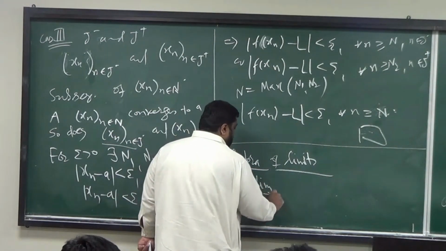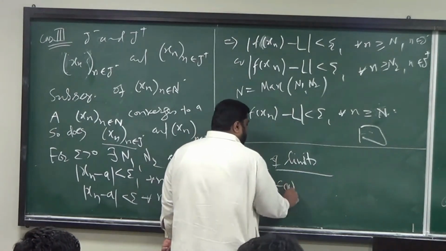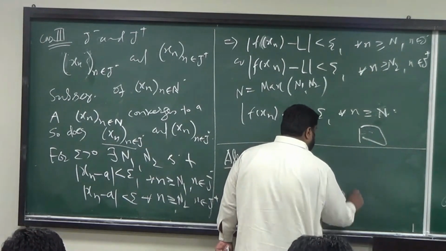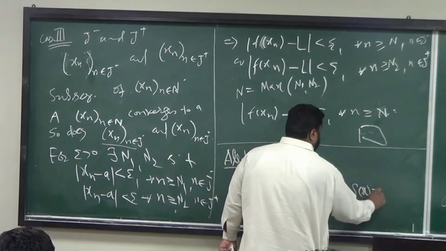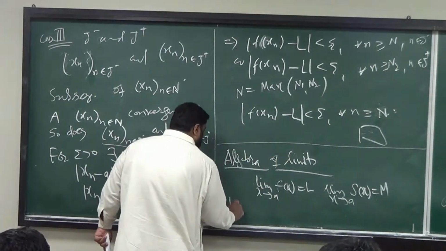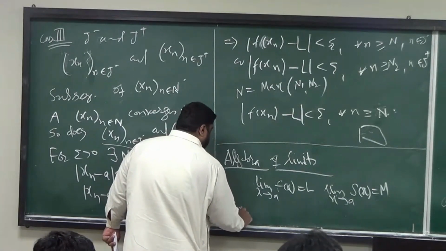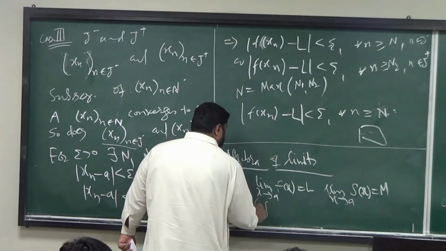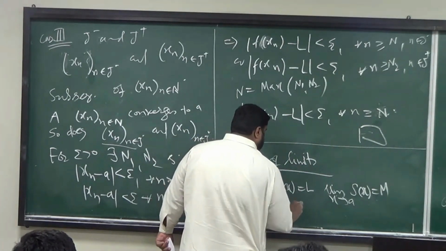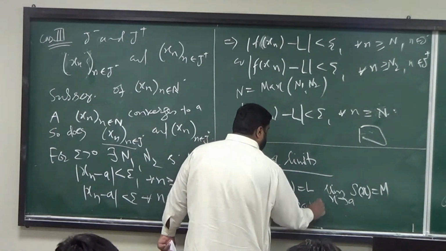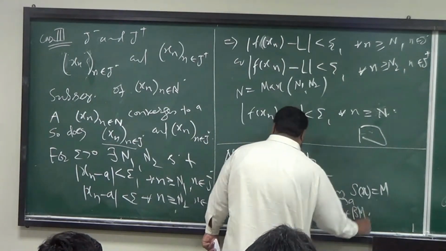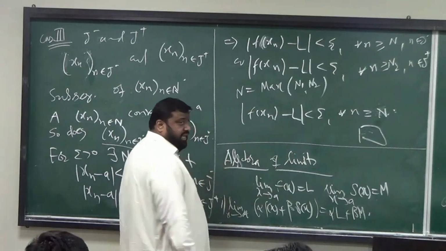If you have the limit as x approaches A of f(x) equal to L, and as x approaches A of g(x) equal to M, then the limit as x approaches A of alpha f(x) plus beta g(x) is alpha L plus beta M.